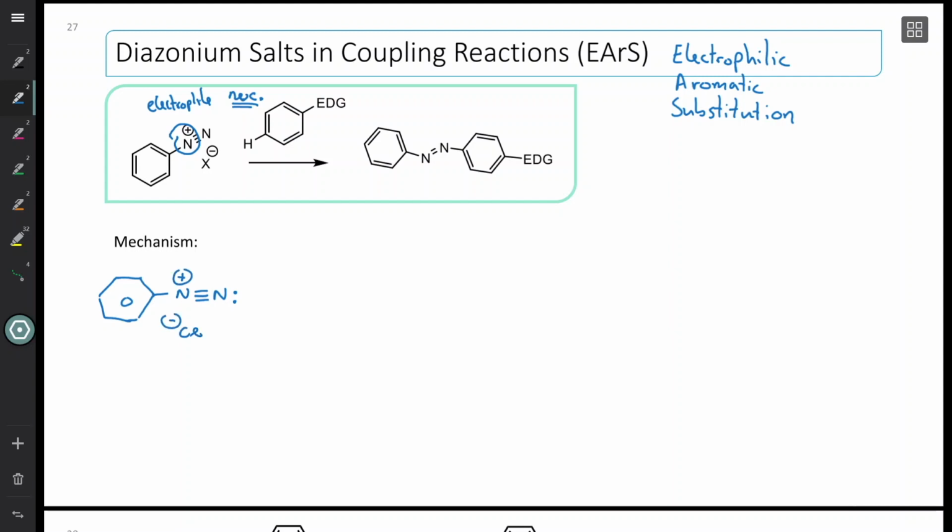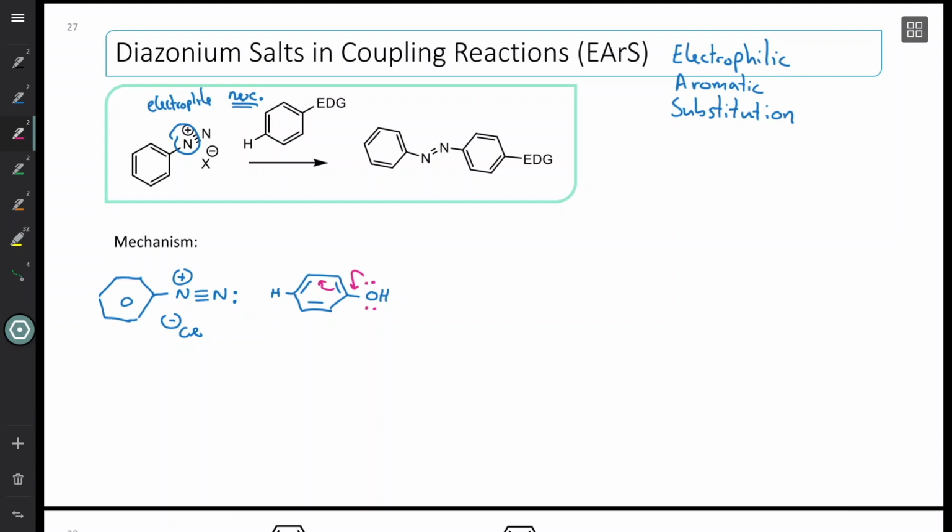Again, chlorine's still hanging out. And then we're going to add, as a donating group, hydroxy. And basically this gives the benzene ring a boost of electron density.